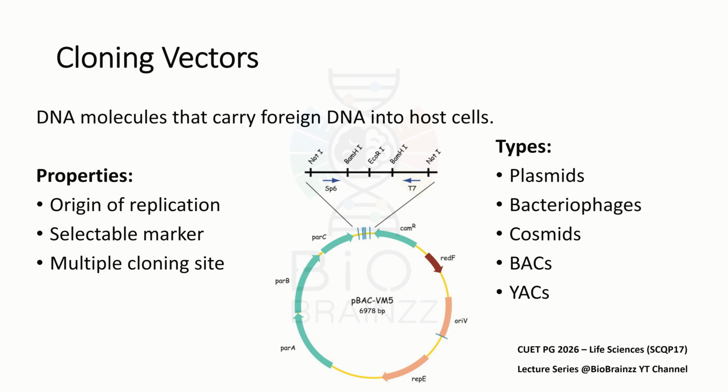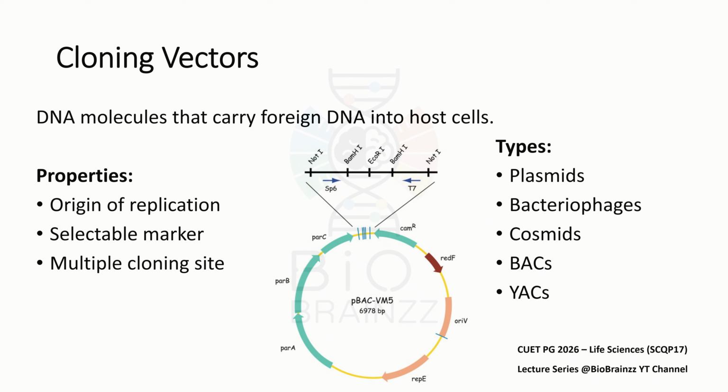Cloning vectors are DNA molecules engineered to carry foreign genetic material into host cells. For effective cloning, vectors must contain an origin of replication for autonomous duplication, selectable markers for identification, and multiple cloning sites for insertion of foreign DNA.